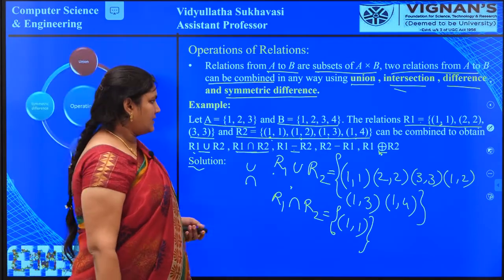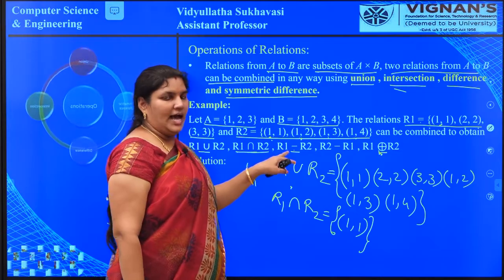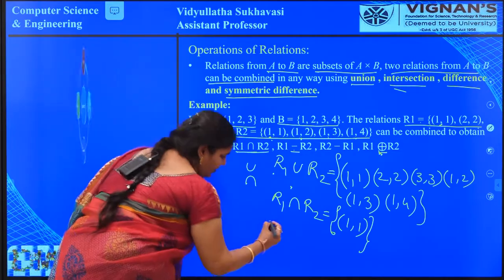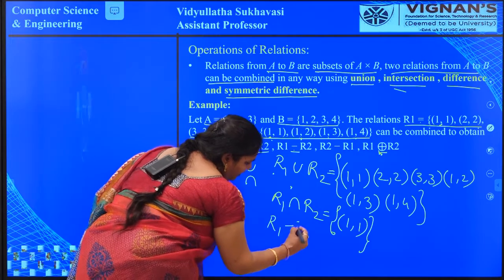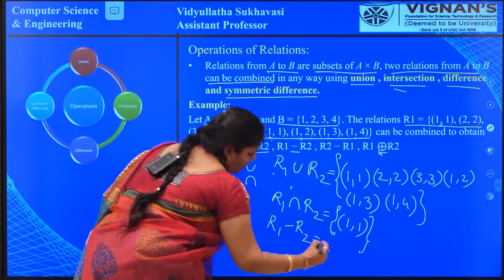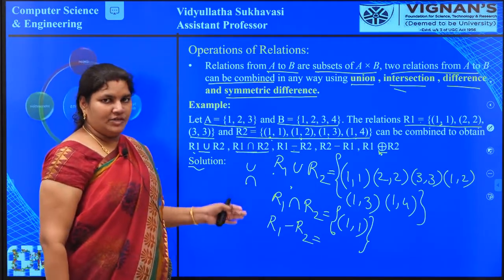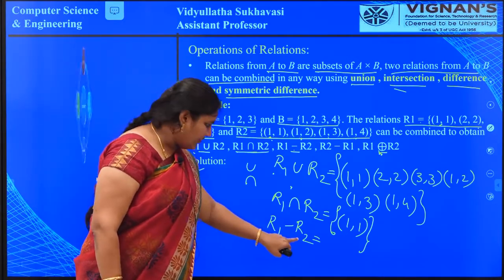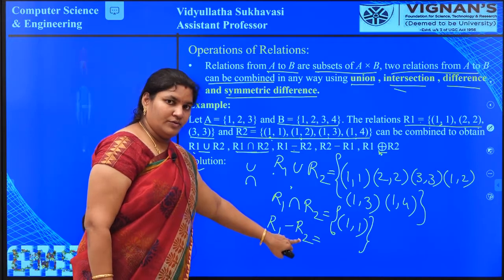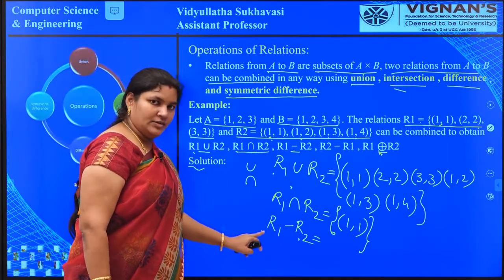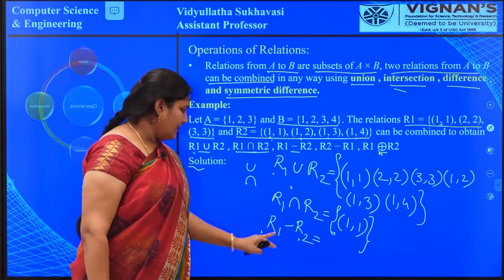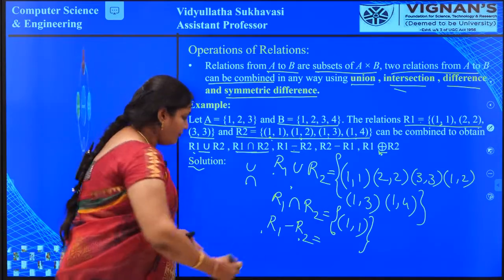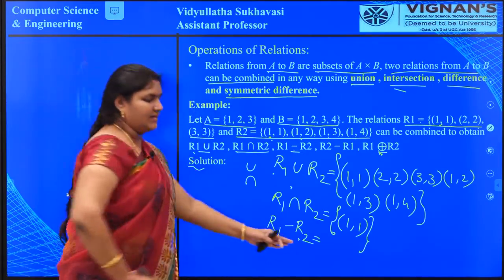Okay. Next, how are we going to find R1 minus R2? That is the difference operation. Here, in the difference operation, whatever ordered pairs we have in R2 that are common in R1 should be subtracted from R1, and the remaining elements of R1 should be present.